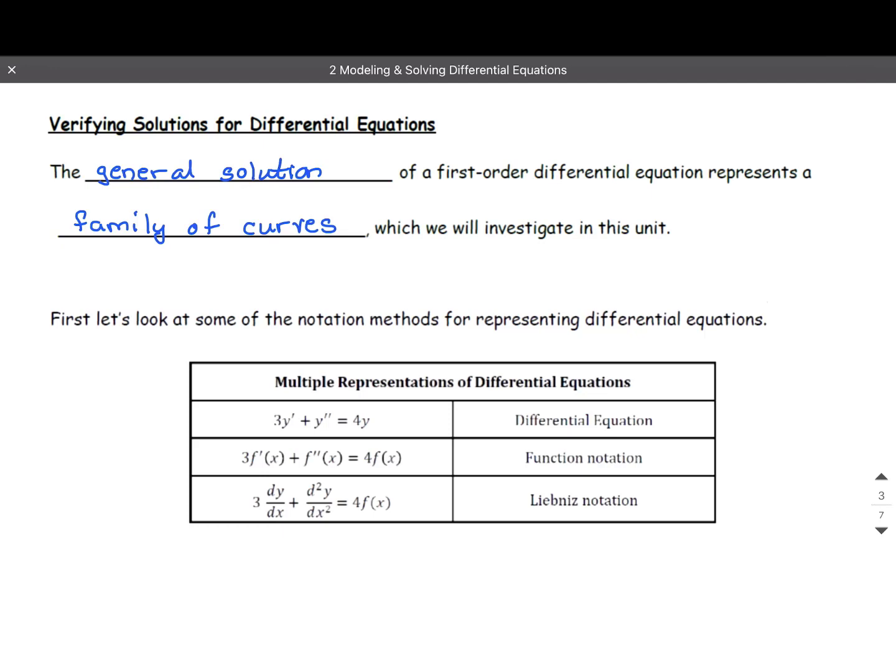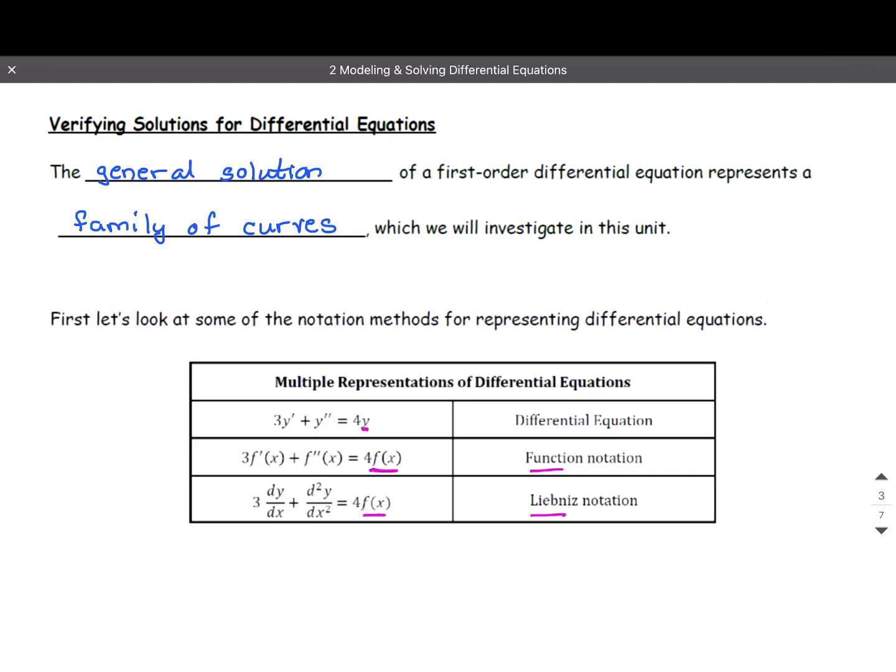Now let's look at some different ways we can represent these. It's important to remember that when we're looking at a differential equation, y is the same thing as f of x. It all depends on whether you're using function notation, Leibniz notation, or if you're using the y's in the differential equation, okay?